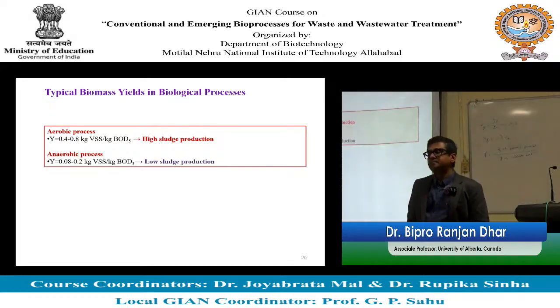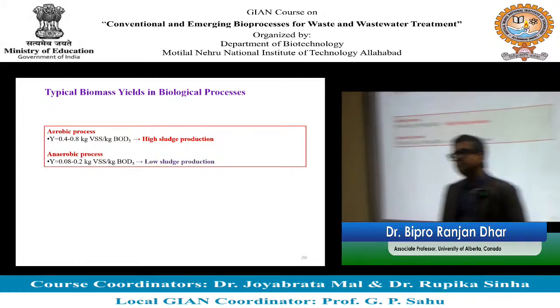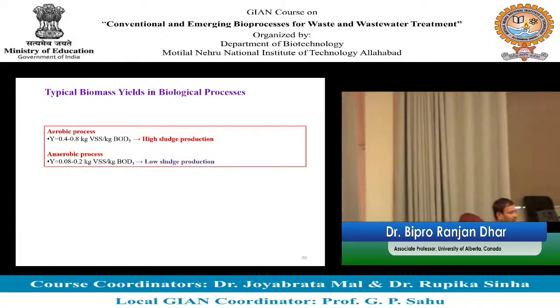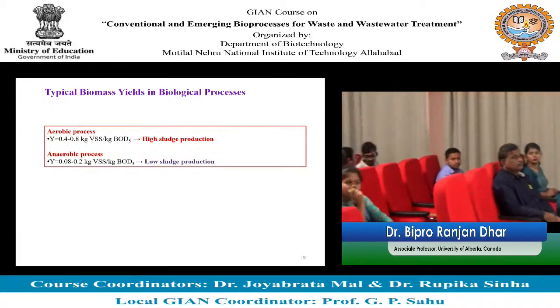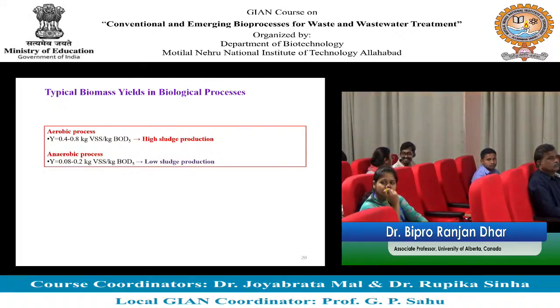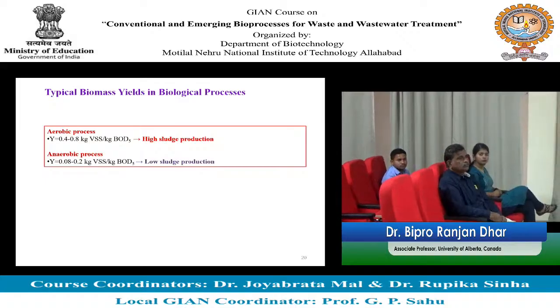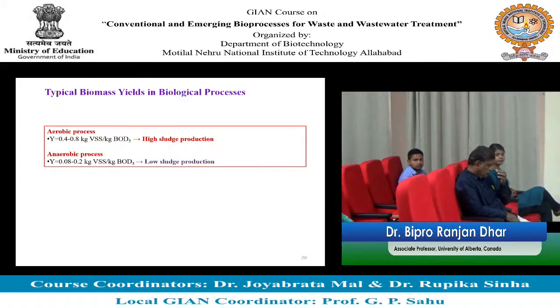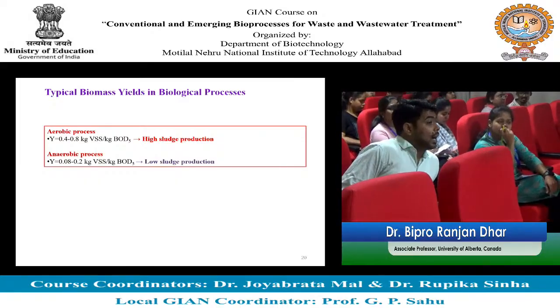Sir, suppose I want to treat wastewater from a dyeing industry. How will the yield look, and how should I calculate the substrate?